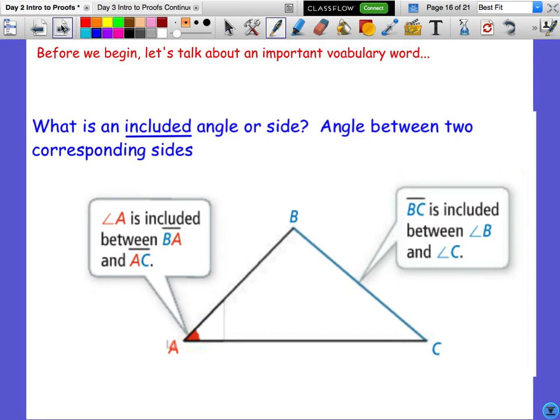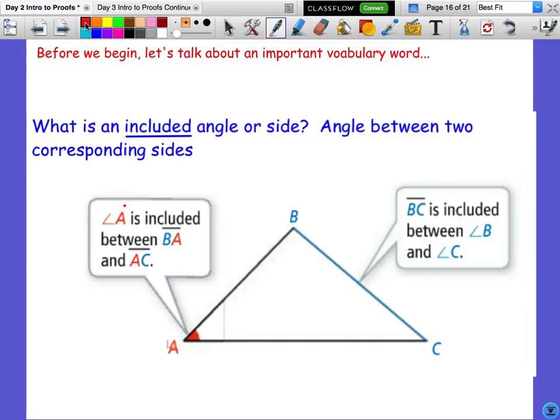So for the final little piece here that we're going to talk about in this particular video, we're going to start trying to form a specific type of proof. But before we do that, we need to understand what the word included means. So when we're talking about an included angle or side, we're talking about something that's in between two other things.